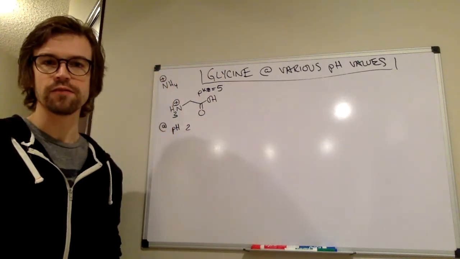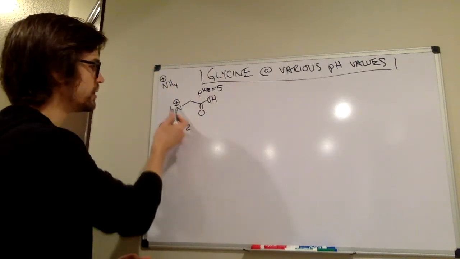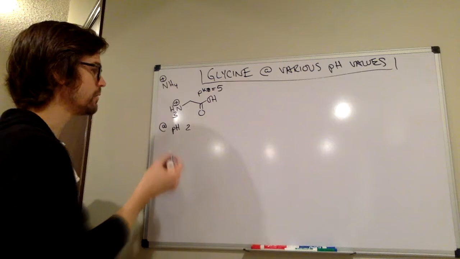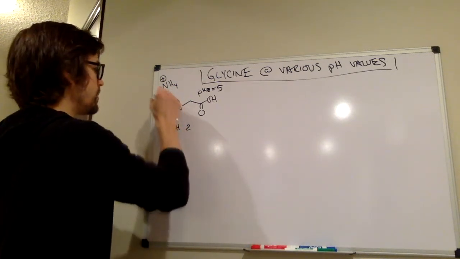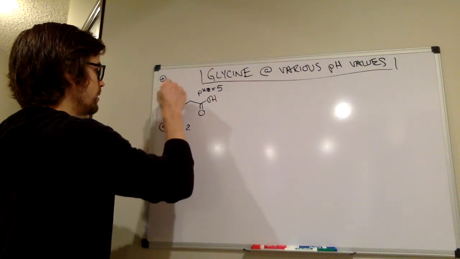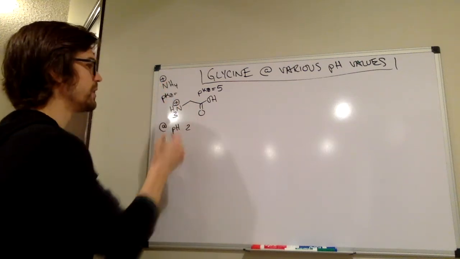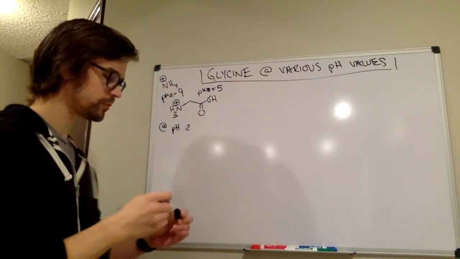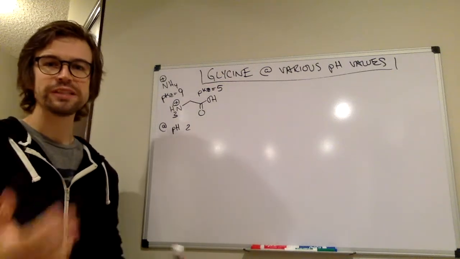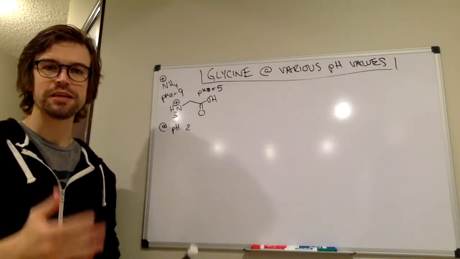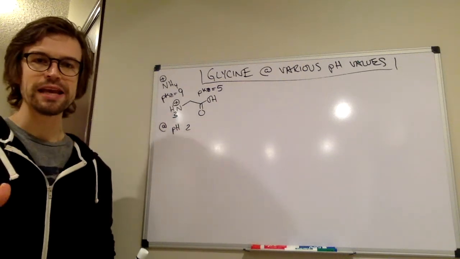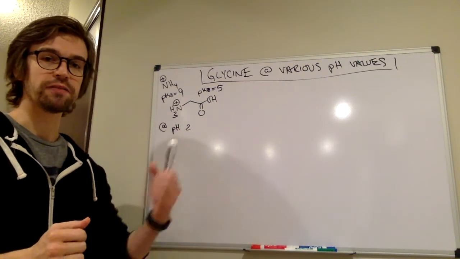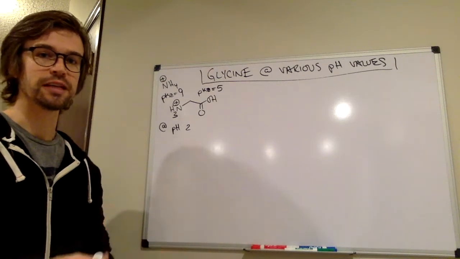If we look at the formal charge of that nitrogen, it's positive, just like that one is positive. It's got 4 bonds, just like that one has 4 bonds. So the pKa of the hydrogens on that nitrogen is going to be around 9. Okay, so what did we say about pH and pKa? Well, when pH equals pKa, there'll be 50% protonated, 50% deprotonated.